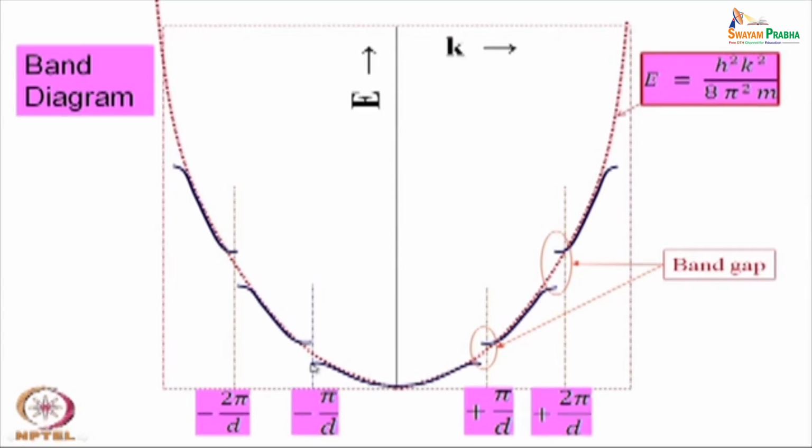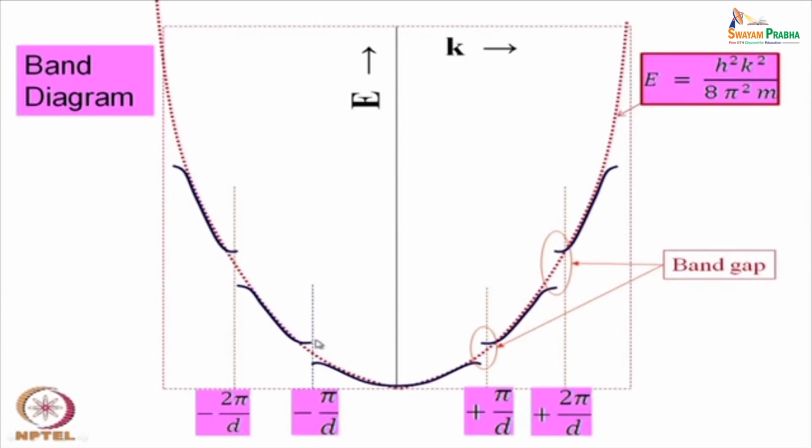That means the density of states, a concept introduced earlier, changes at those points, and as a result the E-k curve bends a little downwards here, and here it bends upwards.